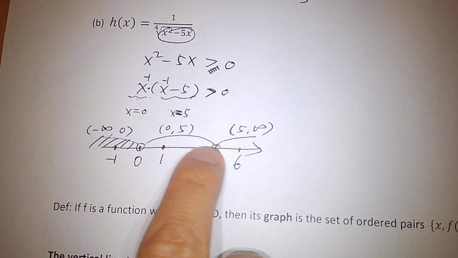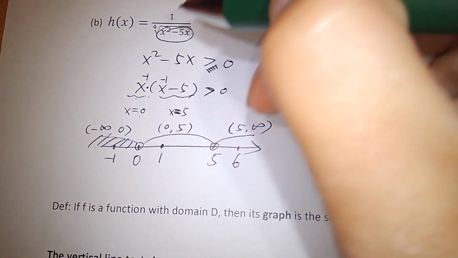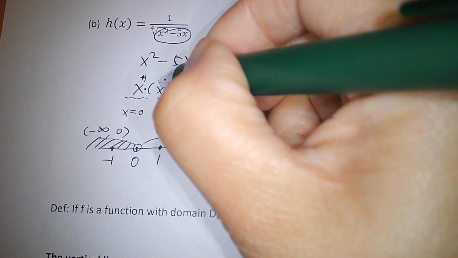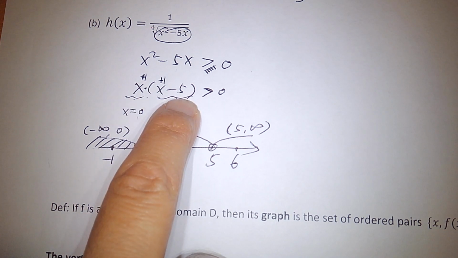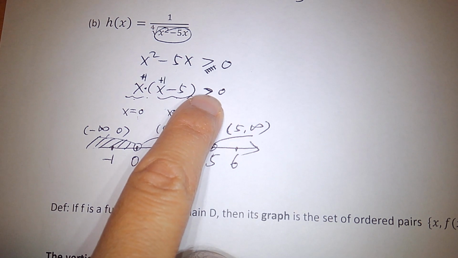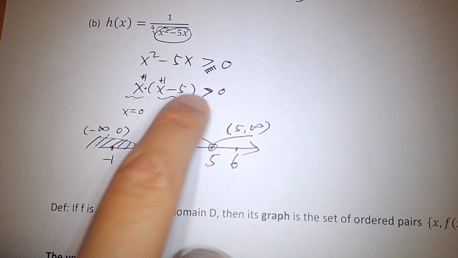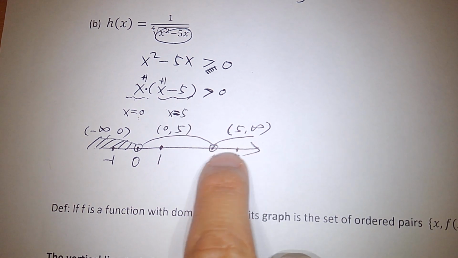Can we choose this interval? Let's see. When x equals 1, 1 minus 5, negative 4, times 1. Is the product positive? No, okay? So we cannot choose this interval. How about this interval, 5 to infinity?